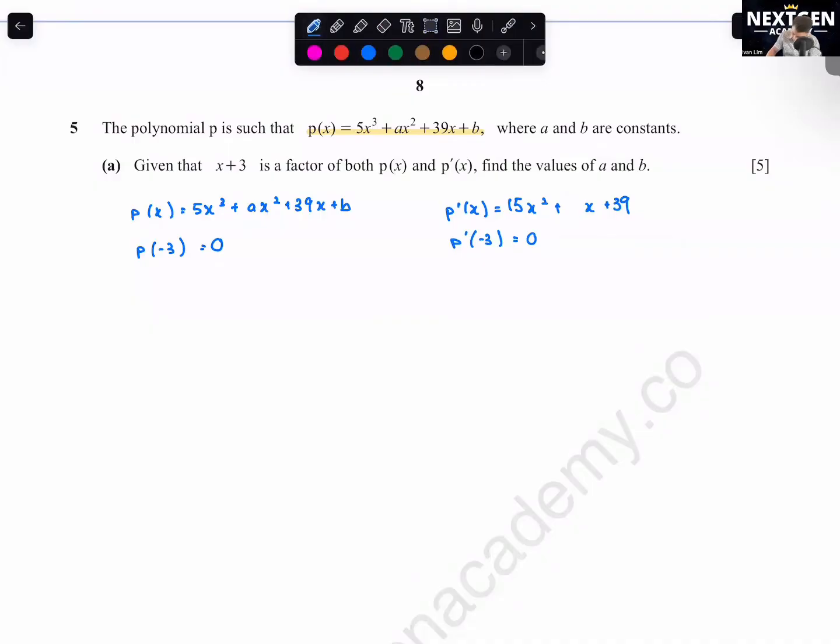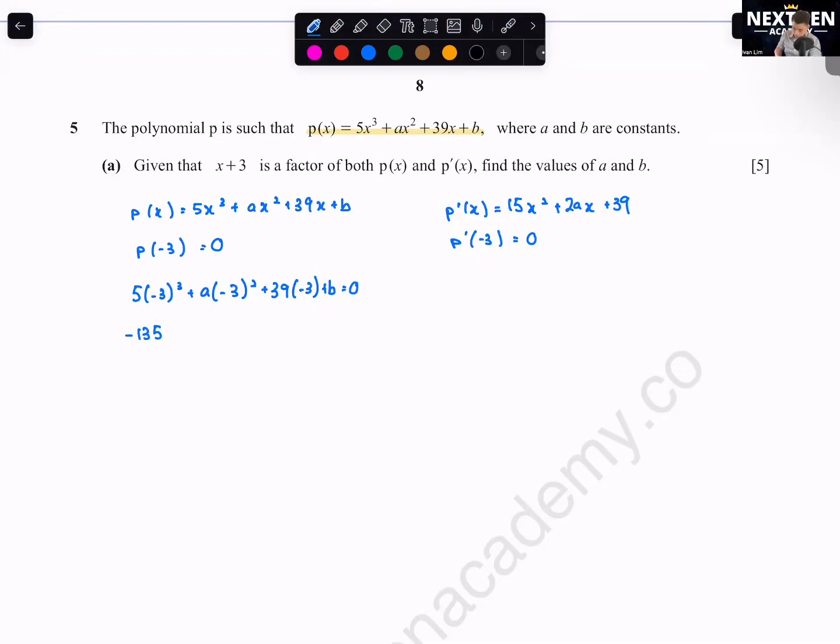Okay, sub in the negative 3. So we get here 5 negative 3 cubed plus a negative 3 squared plus 39 negative 3 plus b equals to 0. Okay, type into calculator.